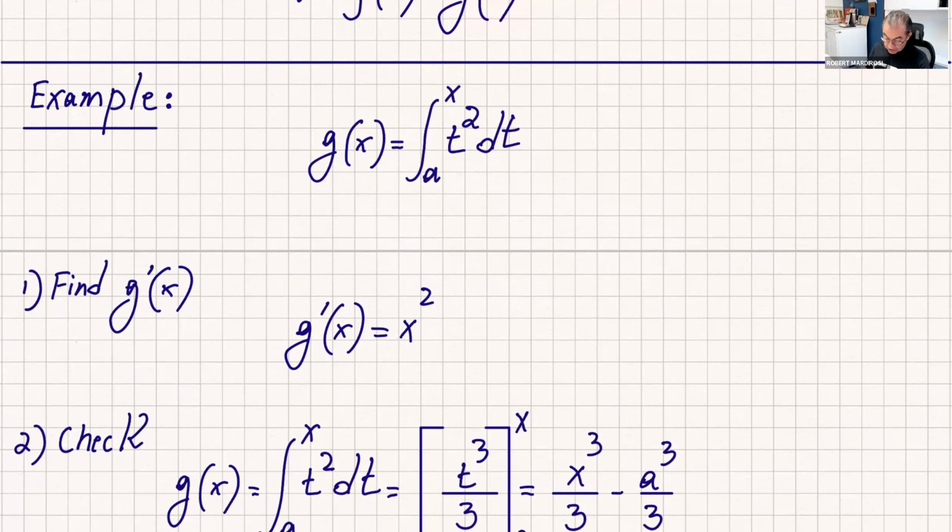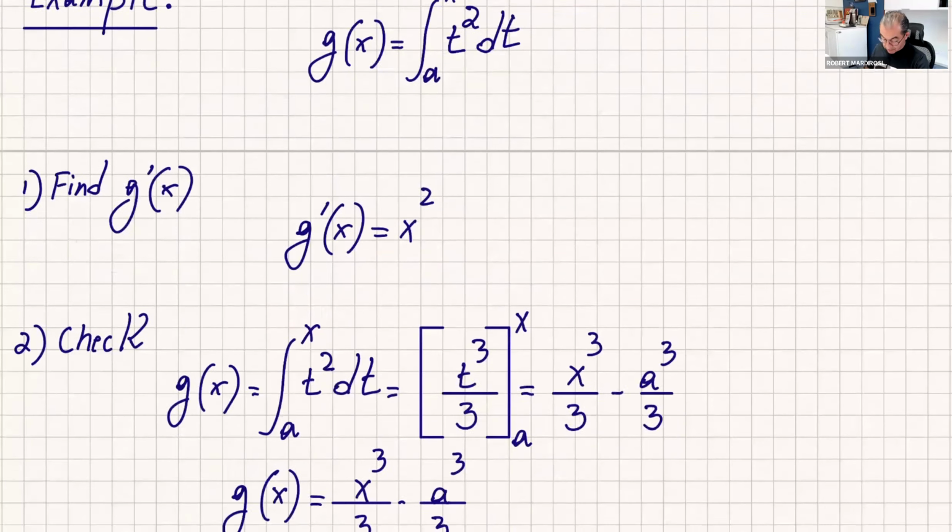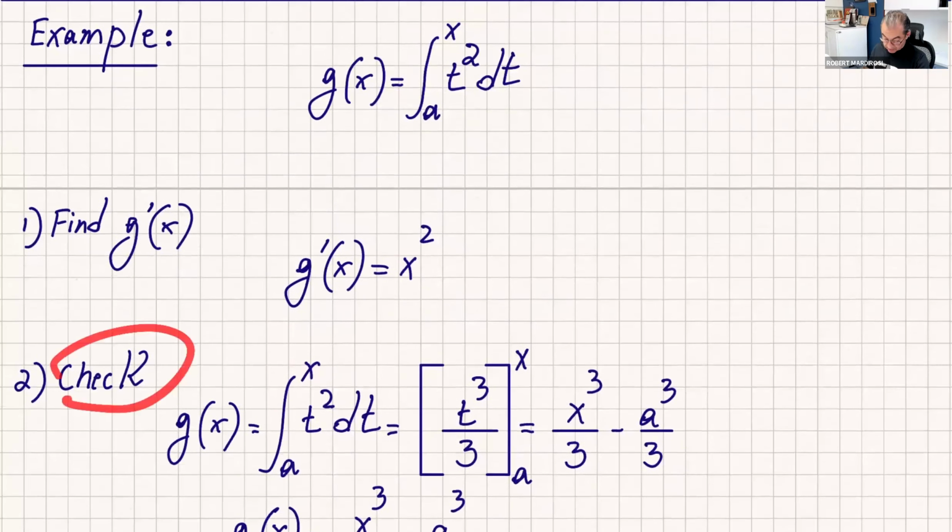Now if I say find g prime of x, since g of x is the antiderivative of f of t, g prime of x is just going to be that function. So very fast. We don't need to evaluate this integral to find the derivative. You just put x squared. But let's check, see what's going on.